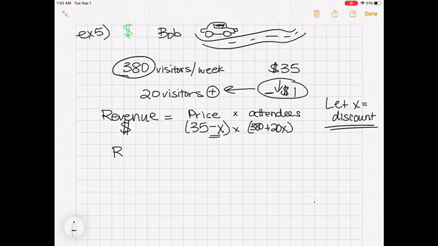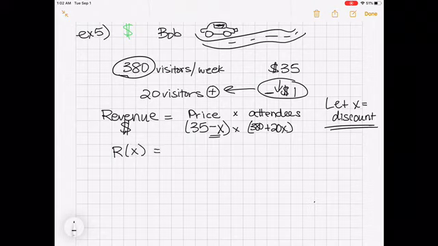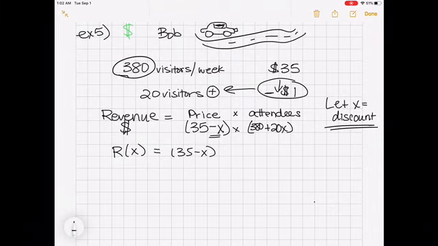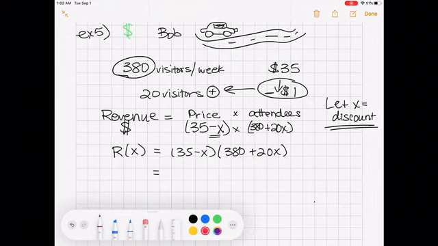So let's figure this out. Revenue, we'll call this a function R of X, where the price is 35 minus X. We're trying to figure out how to maximize it, right? And we're going to multiply it by 380 plus 20X. All right, so let's just do that math, okay?